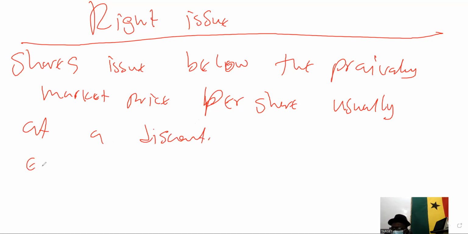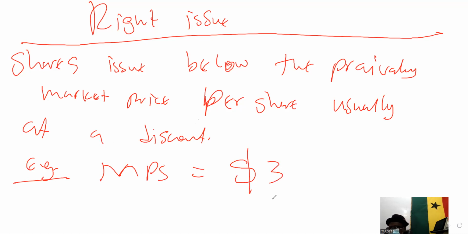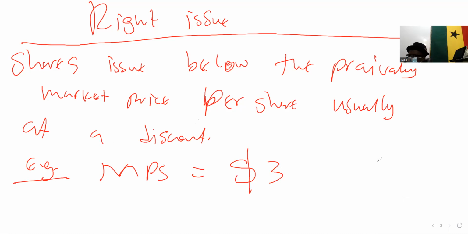So let's assume that the prevailing market price is, let's say, $3. If we are given a discount of 10%, what will be the right issue price? A discount of 10% will produce a right issue price of what?